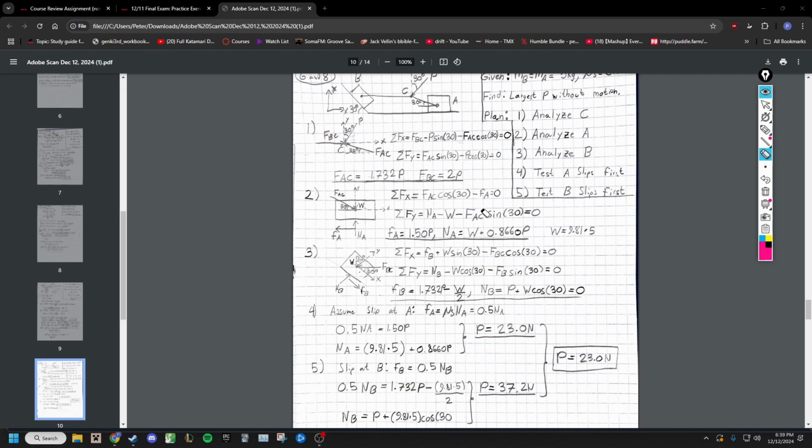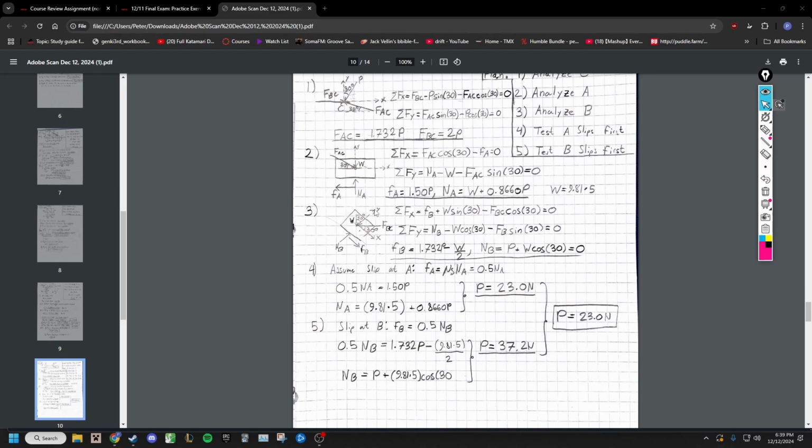For B, it's the same thing, but I personally found it easier to tilt the axis to match the box as we're solving for FB. We're solving for NB and FB, and we're going to need to divide those angles, those cosines and sines, anyways. It's easier to just get that out of the way and put the things coming in at angles.